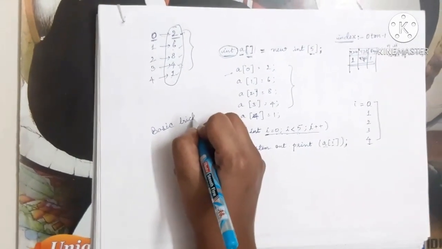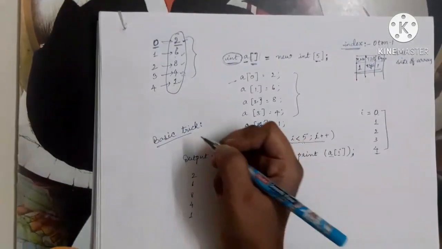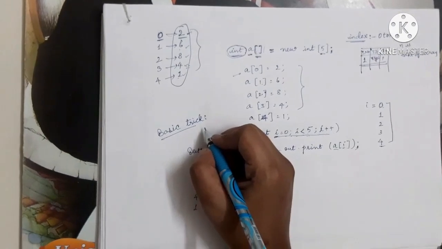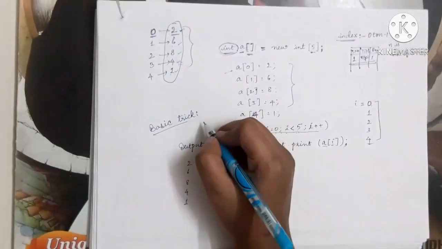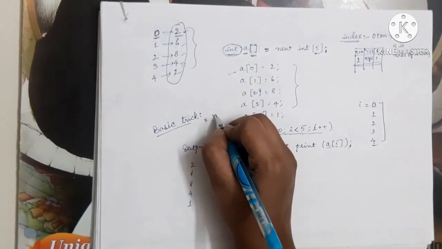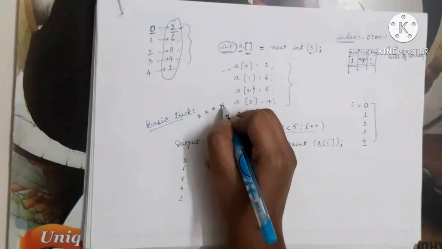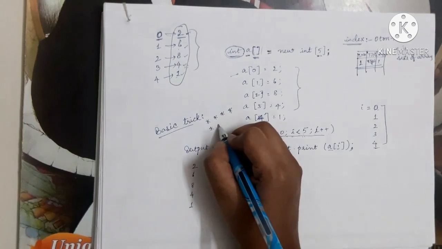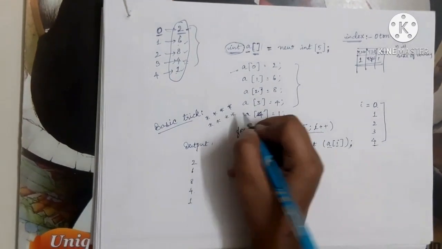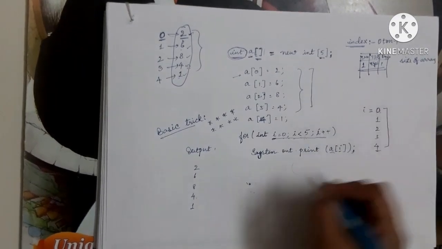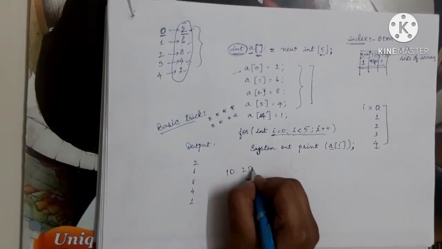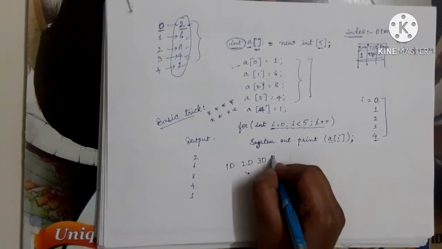So the basic trick, this is my personal trick, and I think many of you don't know. The basic trick is we need to know how to print stars. If we know how to print star patterns, it's easy to print the array, let it be 1D, 2D, 3D or jagged array.